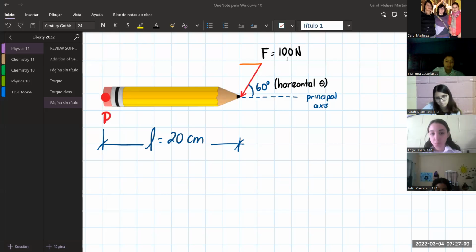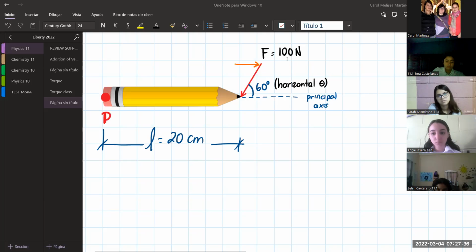I'm gonna have a component that is going to be horizontal. In what direction is the horizontal component going? Right or left? Right. I'm going to draw this component. Is this direction right or wrong for this vector?